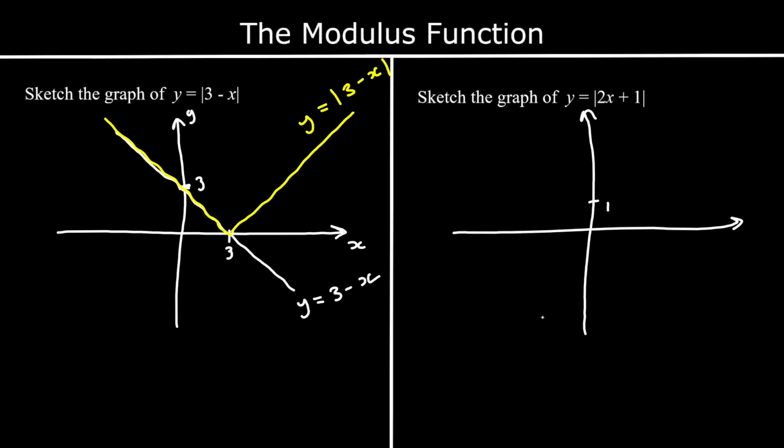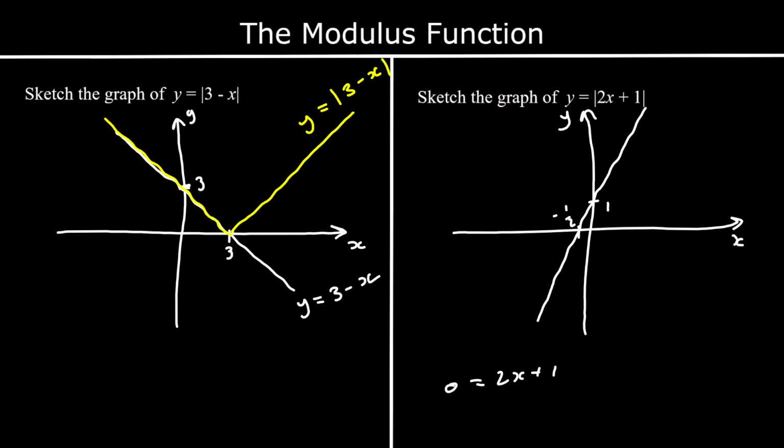So every one it goes across, it goes up 2. So something like that. It crosses x when y equals 0. So 0 equals 2x plus 1. Take away 1, divide by 2. This is at minus a half. So that's the original graph.